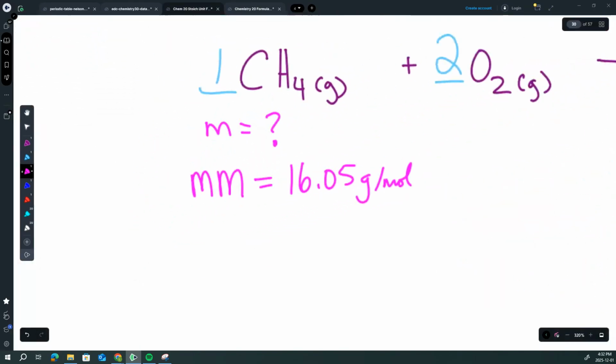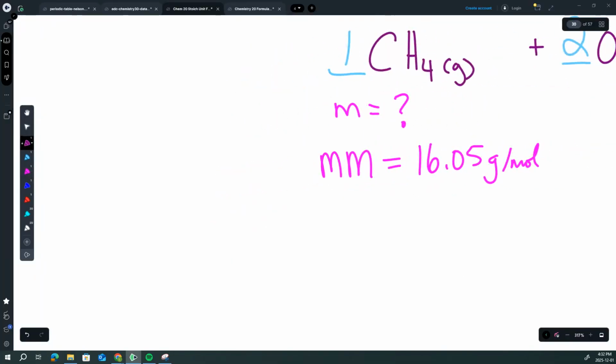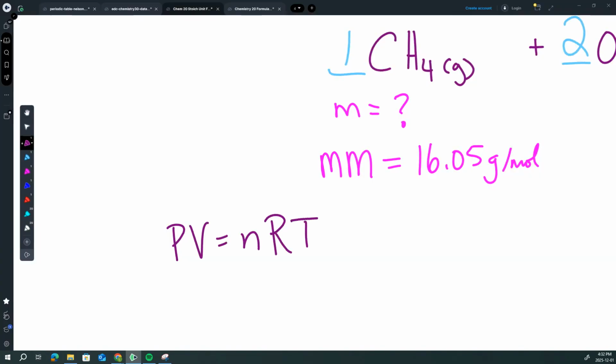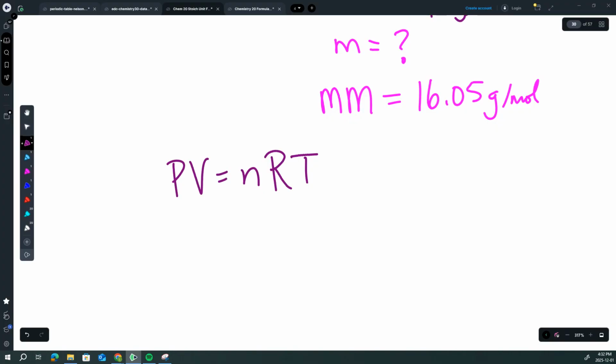All right, so let's get that started over here. PV is equal to nRT. We want to be finding moles. So we have to ask ourselves, what are the ideal gas constant and temperature mathematically doing to moles? And we need to figure out the opposite of it.